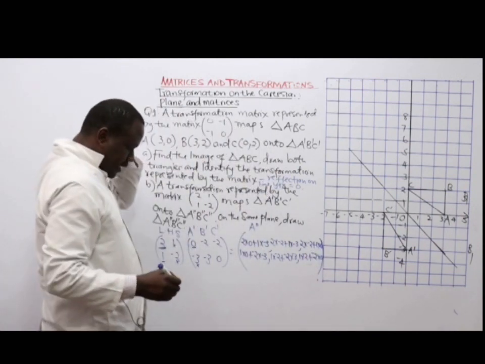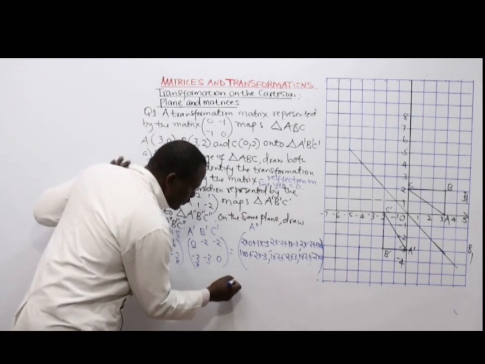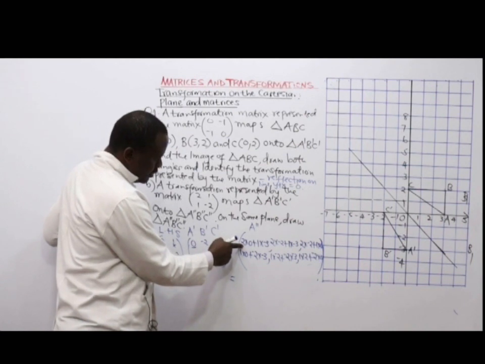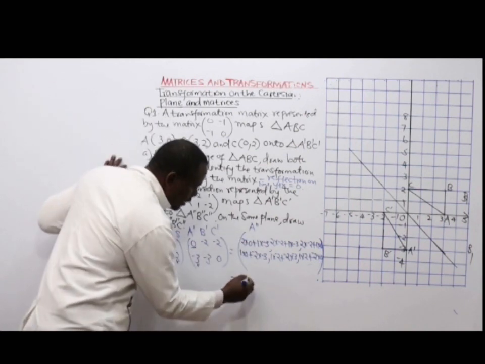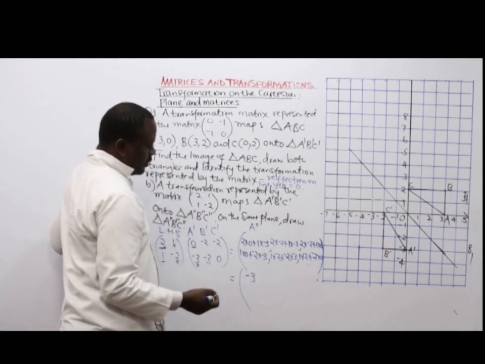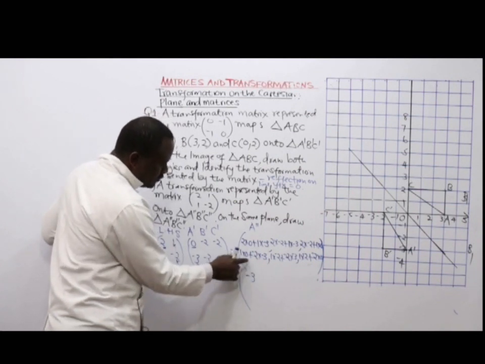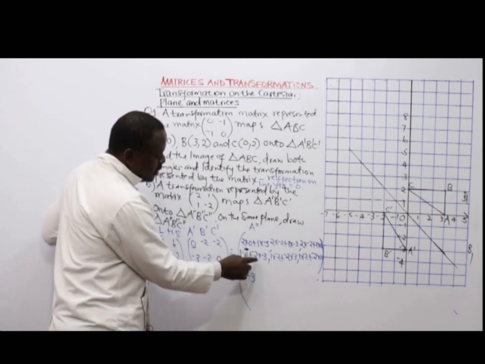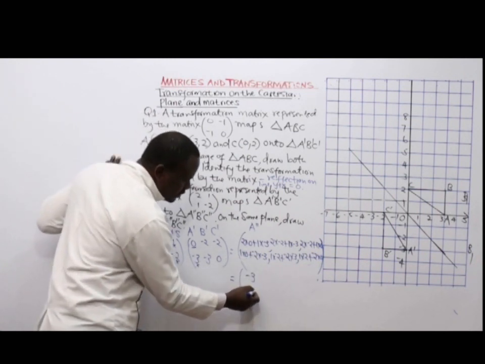So it is now time to get the result. 2 times 0 is 0. 0 plus negative 3, negative 3. You can go to the next one or this one. 1 times 0, 0 plus negative 2 times negative 3 is 6.